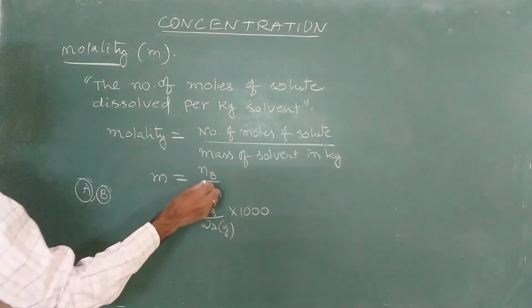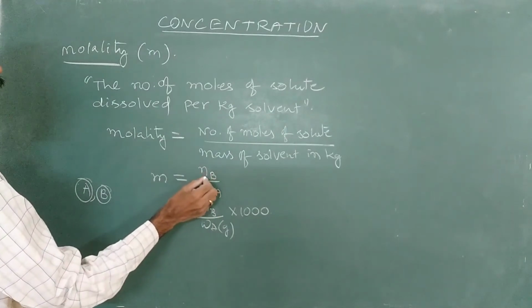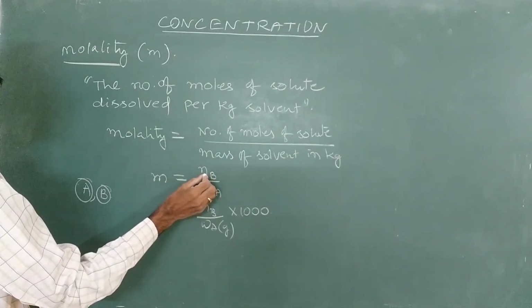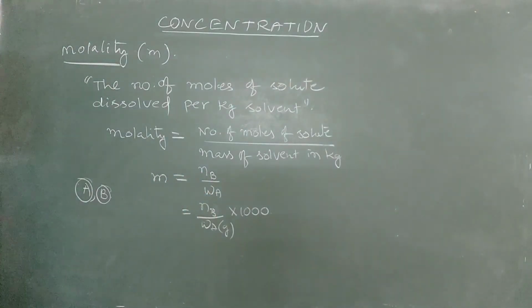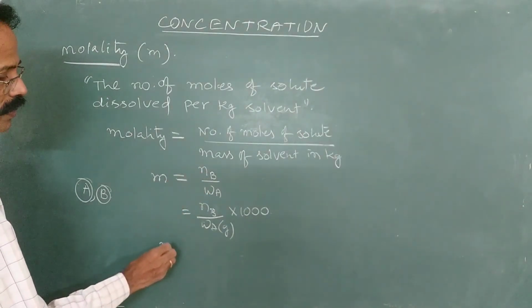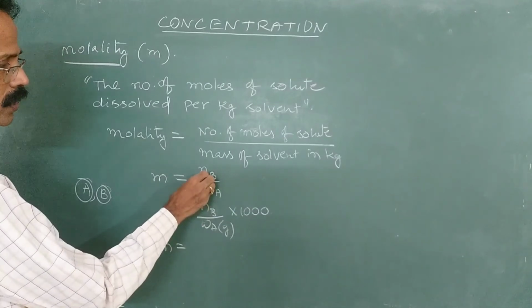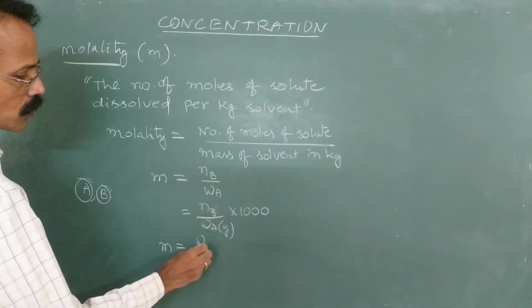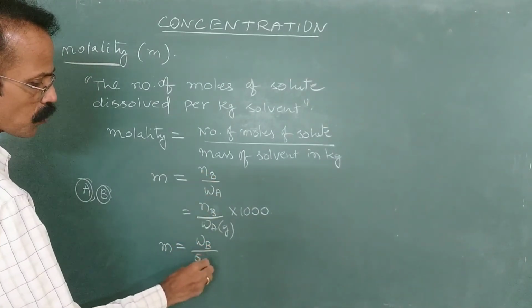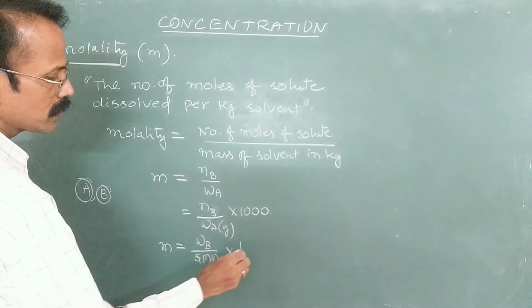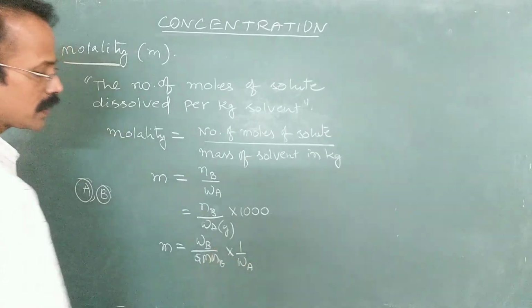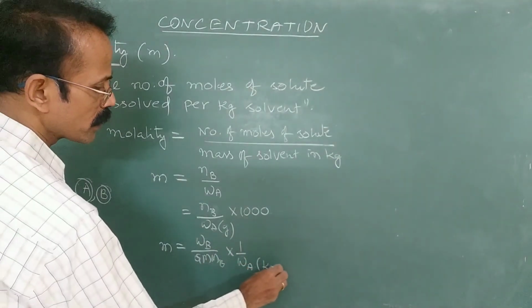And similarly, if the mass of solute is given instead of the number of moles of solute, in that case molality m is equal to the mass of solute divided by the gram molar mass of solute, okay, divided by the mass of solvent in kg, right? So this is the mass of solvent in kg.